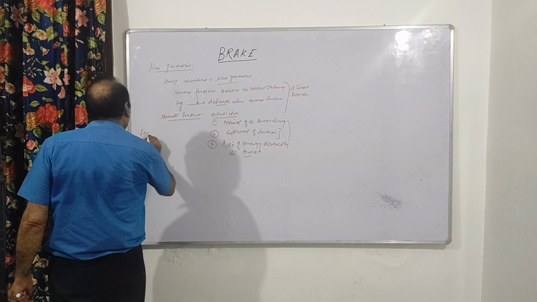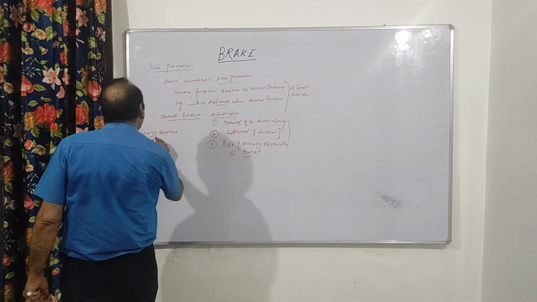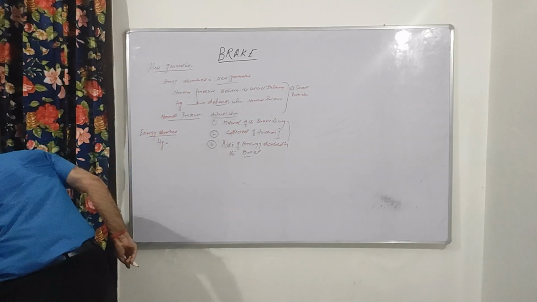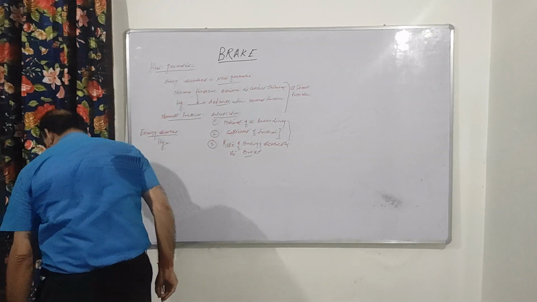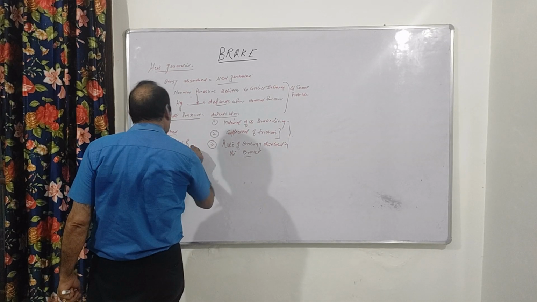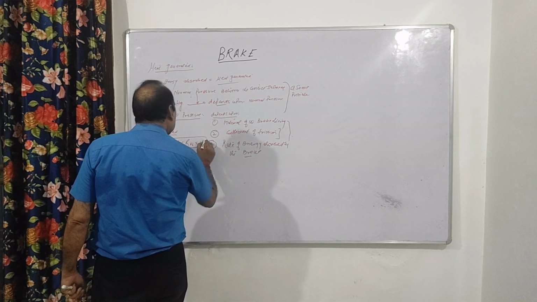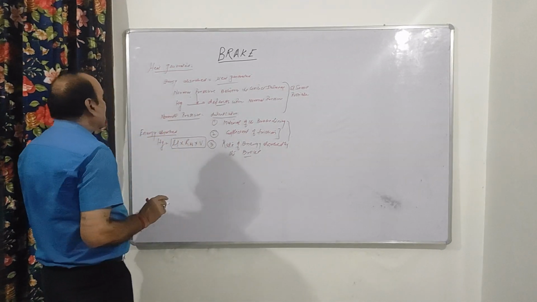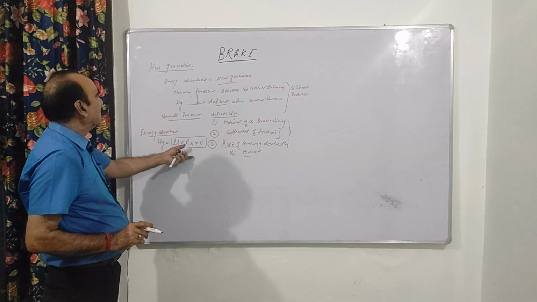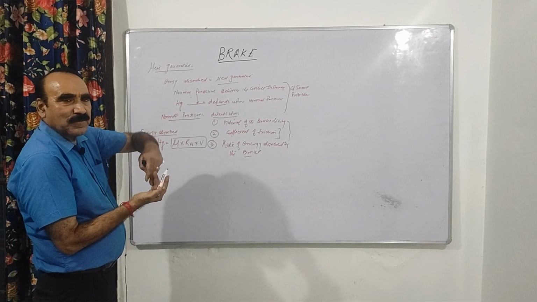Energy absorbed, this is equal to Hg, this is mu into Rn into V, where Rn is the normal force which is acting perpendicular to the contact surface.